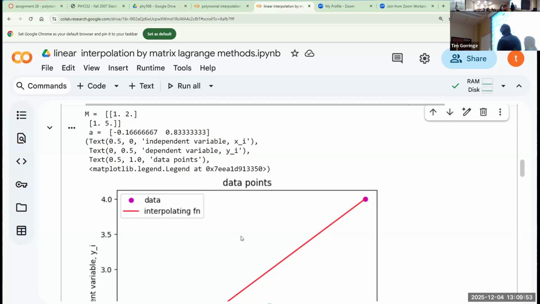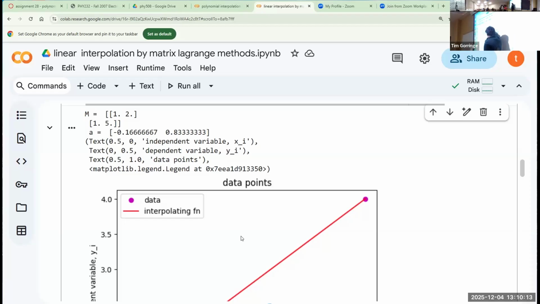The second thing I printed was the values of the coefficients of the terms in the polynomial. It was the solve function in NumPy or SciPy, depending on what package you're using.